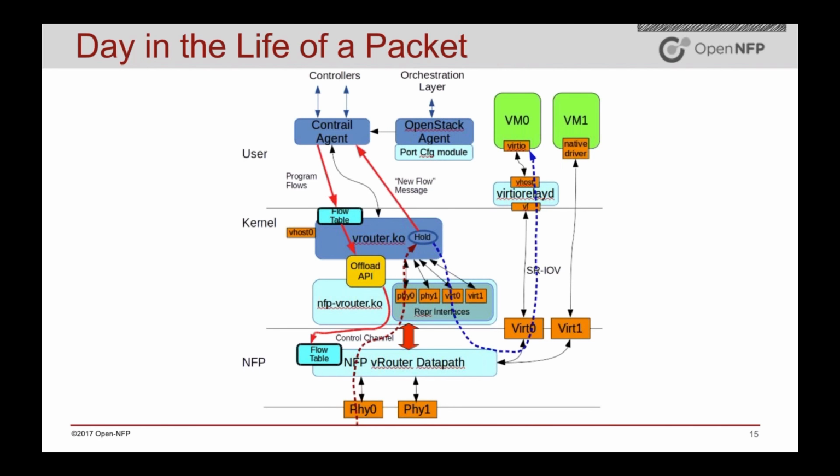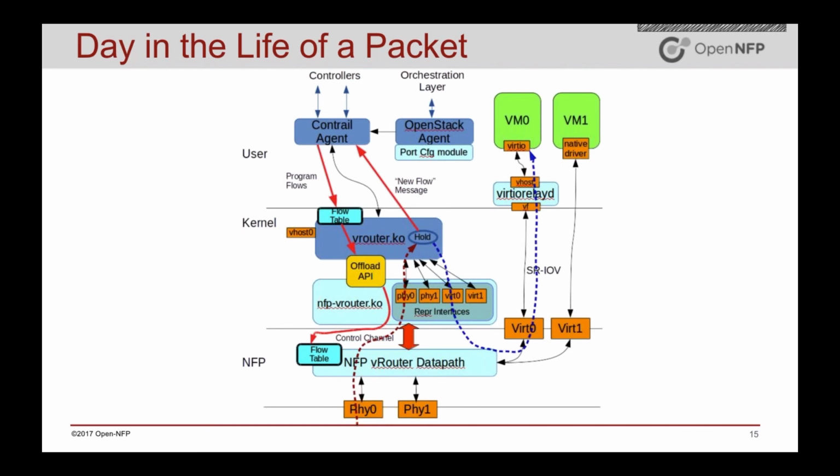After it has done that, the vRouter data path in the kernel will say, okay, I'm ready to transmit the packet. This packet is supposed to be decapsulated and go to VM0, which is on virtual interface 0. It doesn't have direct access to virtual interface 0, but it thinks that it does through the virtual interface 0 representative interface.